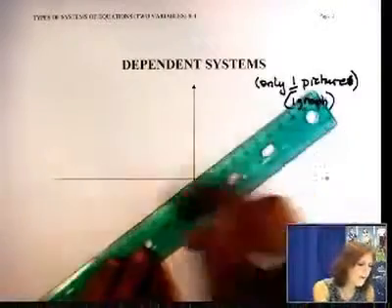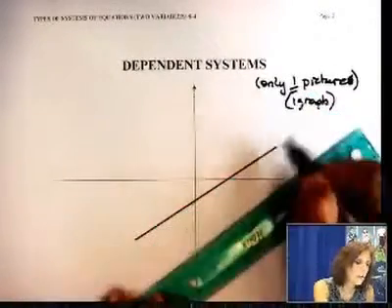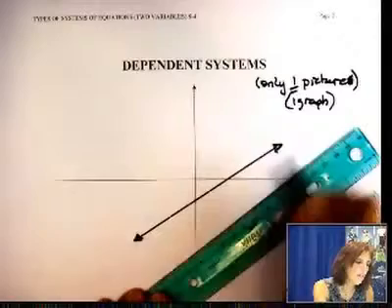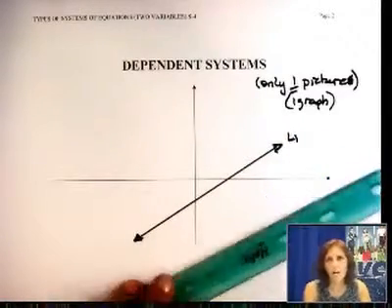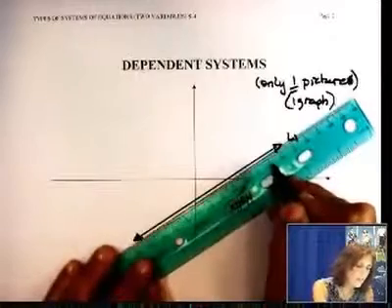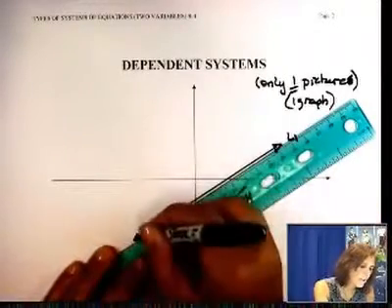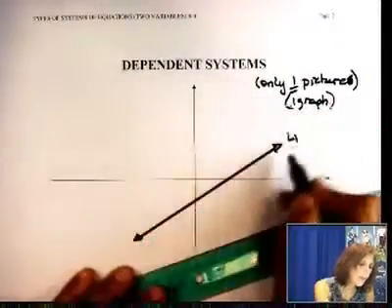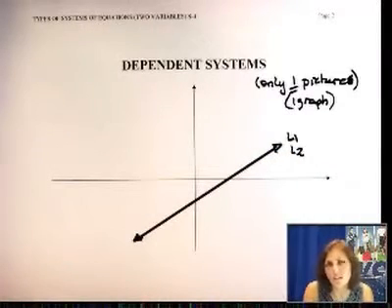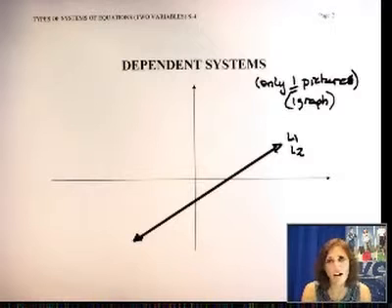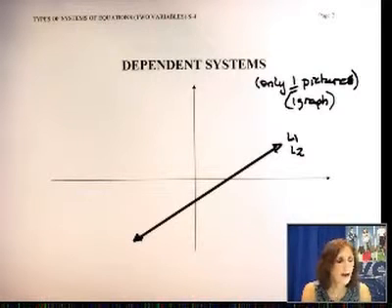So if you have one equation and its picture is like that, L1, the second equation, when you work it out, goes on top of the first. So L1 and L2 are actually the same exact equation, but disguised. And when you draw them, they are on top of each other. That kind of system is called a dependent system.